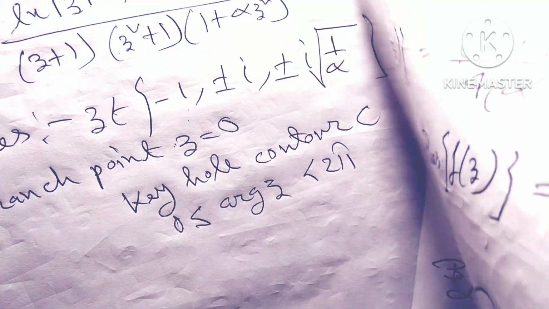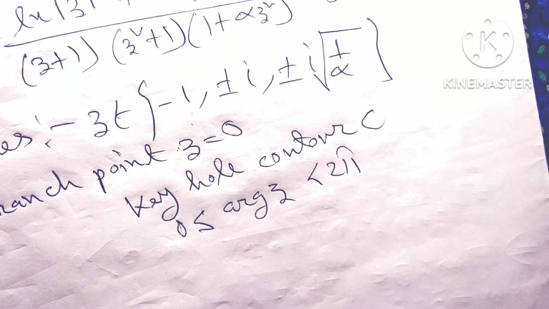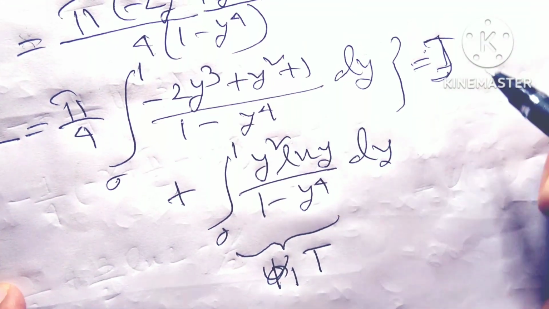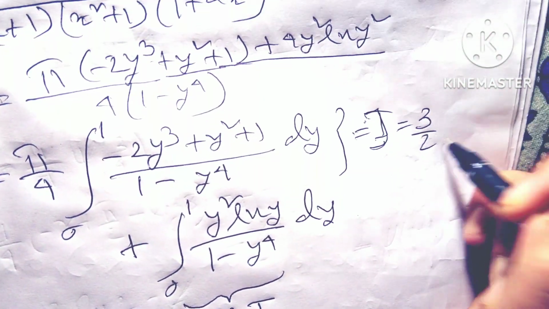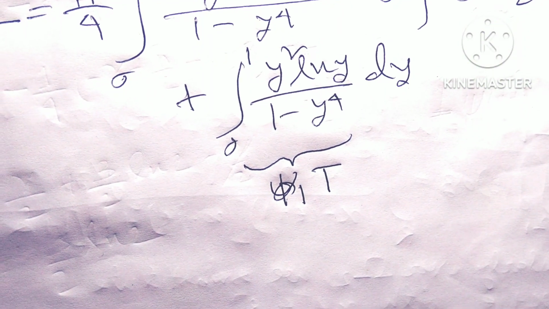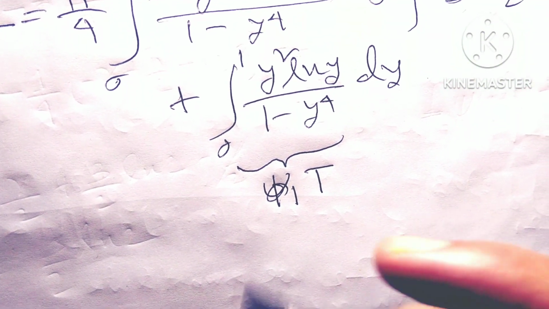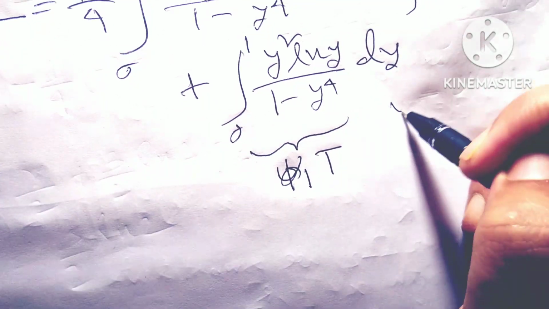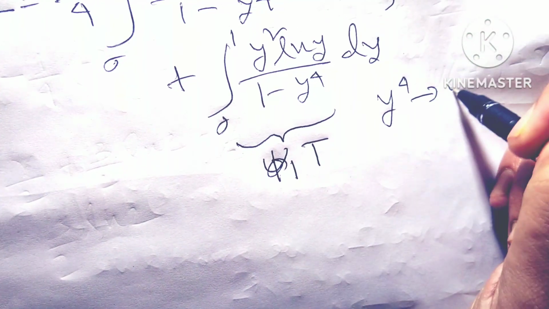So I can write this value as 3 by 2 ln 2, and after that this value is also, take y to the power 4 as y.